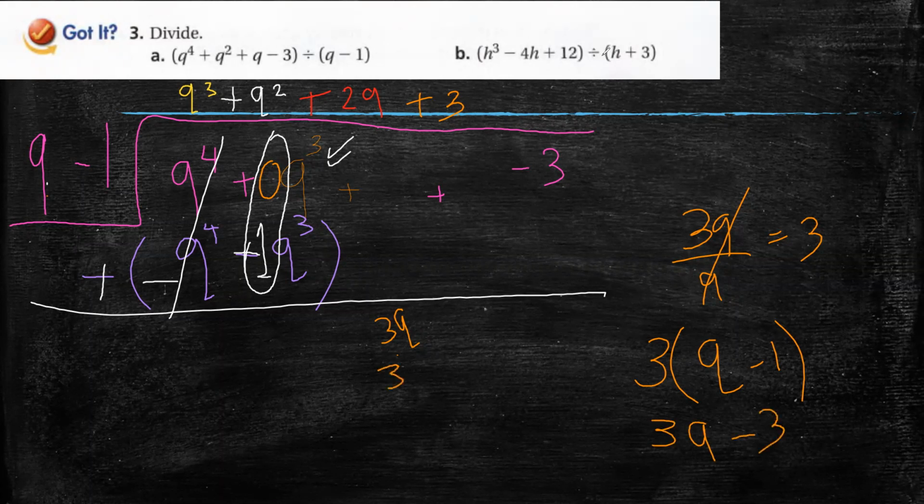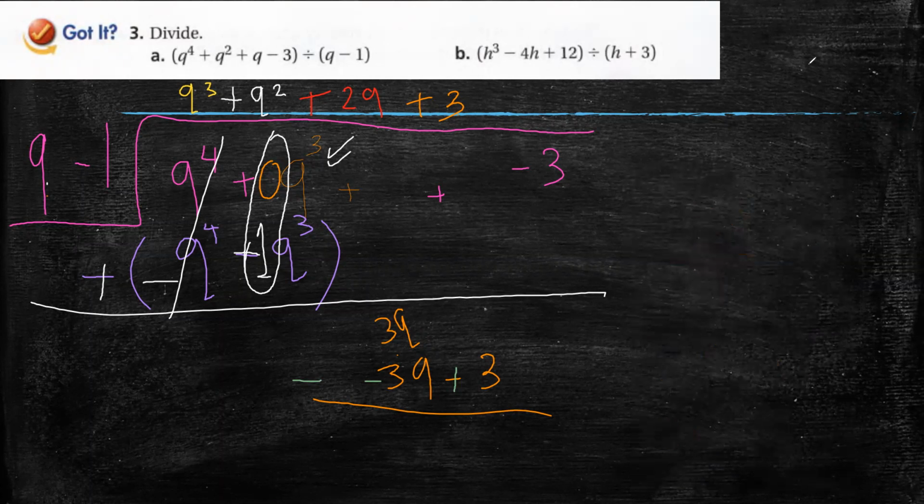Let's write now the answer here. Minus sign. Change the sign for each term. Then 3q minus 3q is 0. And this positive 3, I will write it down.